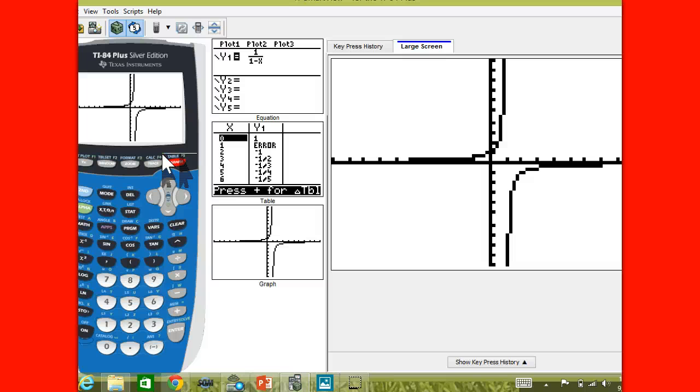Look at page 54. Page 54, they talk to us about families of functions. It says to understand how the expression for a function relates to its graph, it's helpful to actually graph a family of functions. That is, a collection of functions whose equations are related. The example they give us is y equals x cubed plus cx, where we're going to change c to various values.